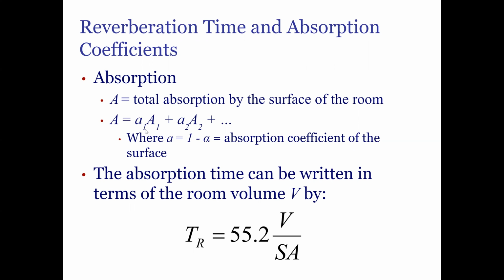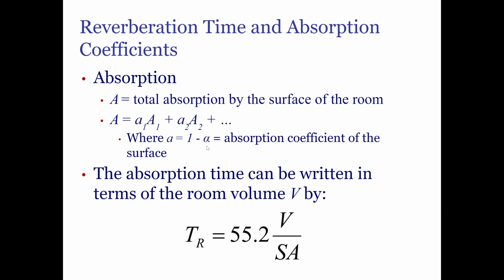They're all going to have their individual alpha, which gives us an absorption coefficient for that particular material. And in addition, the material's absorption depends on what the frequency of the sound is as well. So if we want to get the total absorption in the room, we want to look at not only the absorption coefficient, which is 1 minus that alpha.